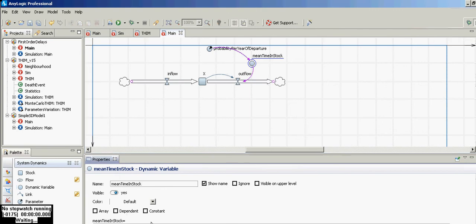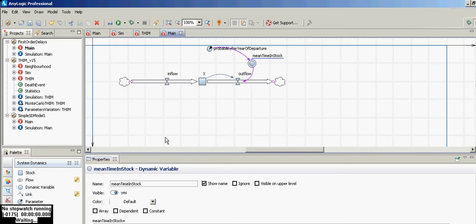Question? I thought that it's a parameter, but it's not, the mean time in stock. It's not a parameter. No, it's a dynamic variable. A dynamic variable allows you to define one quantity in terms of another, and those quantities may be changing. So it automatically recomputes it. It's quite nifty. It's like a cell in Excel.